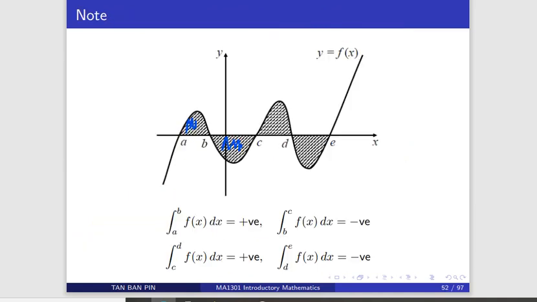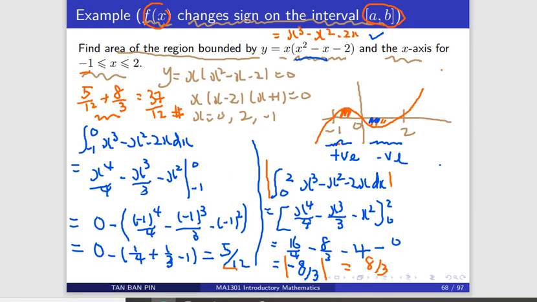It means you have to find all the regions that you need to consider, and for each region, you do an integration. For those below the x-axis, you take the numerical value of the area. Then you can find the area bounded by f(x) and the x-axis in this type of question.